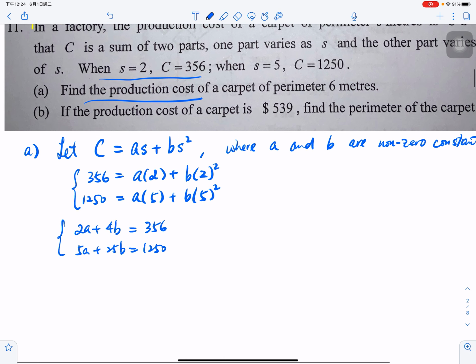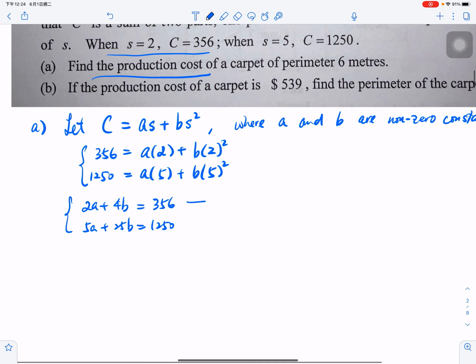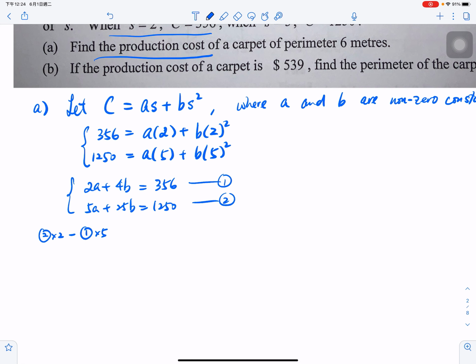So as the result, this is equation 1, equation 2, then you can solve it as, maybe the second one times 2 minus the first one times 5. Then as a result, B you can find. B equals 24, and A equals 130.